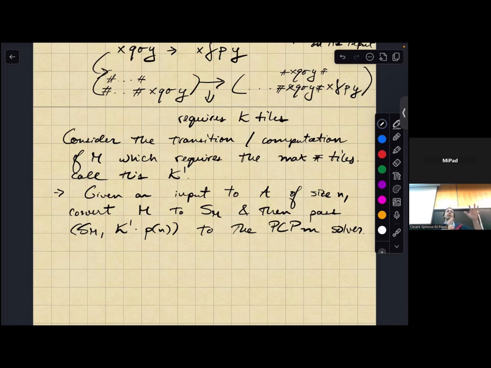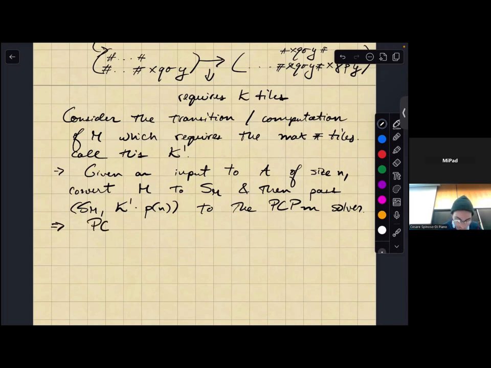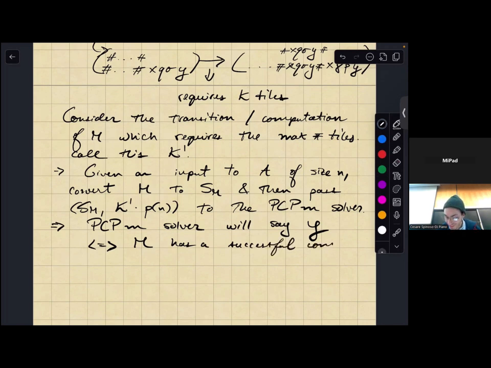And if there's no way of getting from the starting configuration to an accepting configuration, then that's going to be reflected in the PCP solver saying no. So the way we design this is that the PCPm solver will say yes if and only if M has a successful computation on the input of size n.